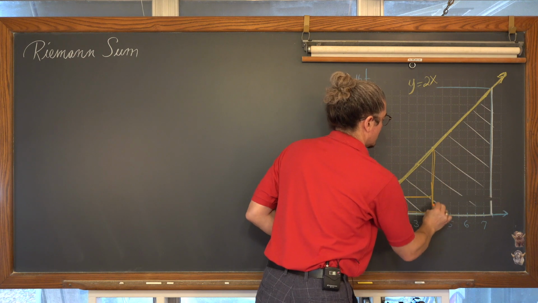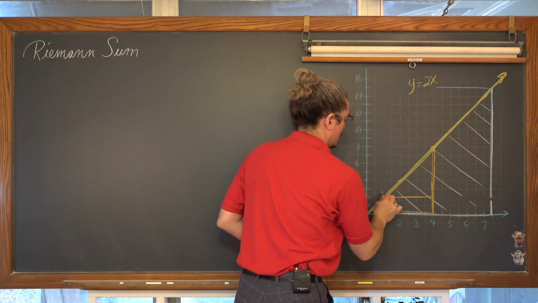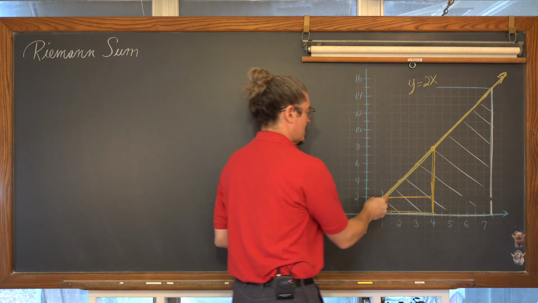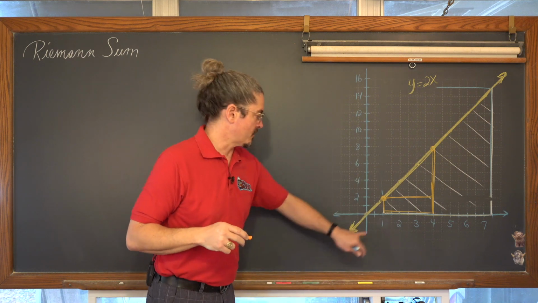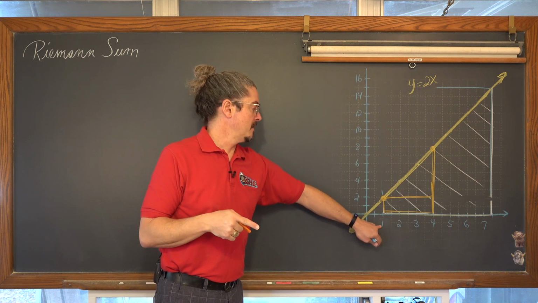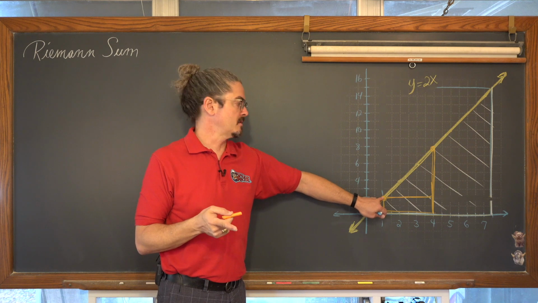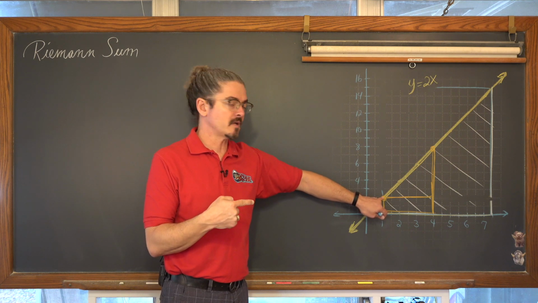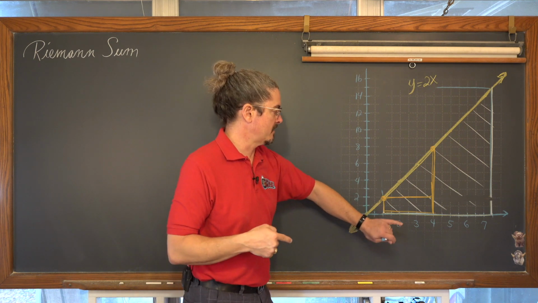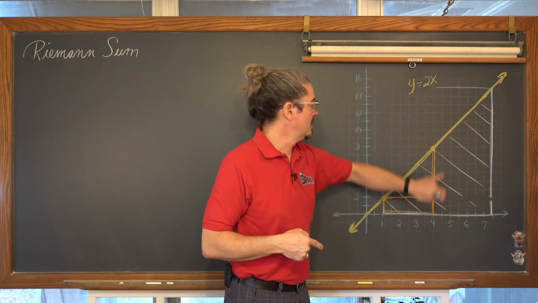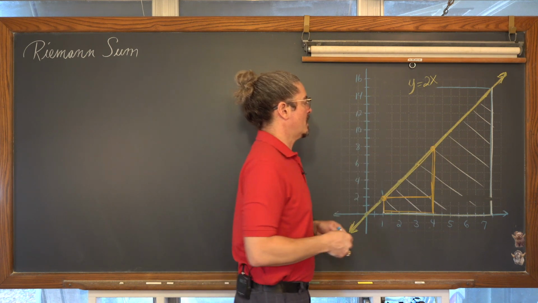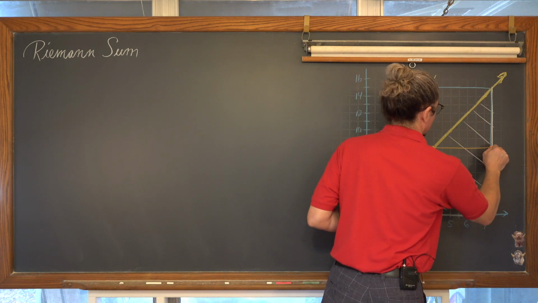And in orange, I'm letting the upper left-hand corner of each of these rectangles stop at the function itself. Or in other words, the x value of 1 is getting plugged into the function y equals 2x, and that y value becomes the height of this first rectangle, and we plug 4 into 2x, well then we get that height of 8, determining the height of that rectangle.